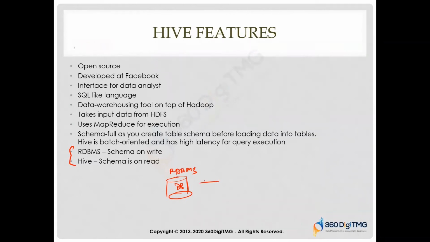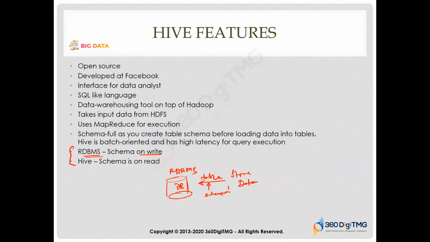If I have to store some data, I have to store it in a table format. That's mandatory. So I'll create a table and store it. When I'm creating a table, I'm giving the schema. The data is in raw format, and I'm writing the data into tables in the database. That is schema on write in RDBMS. Now coming to Hive, we call Hive schema on read.